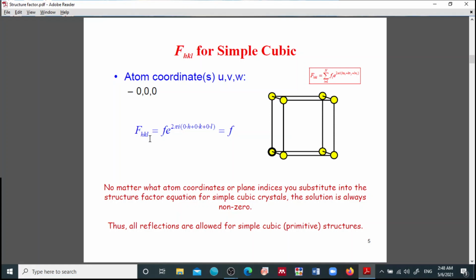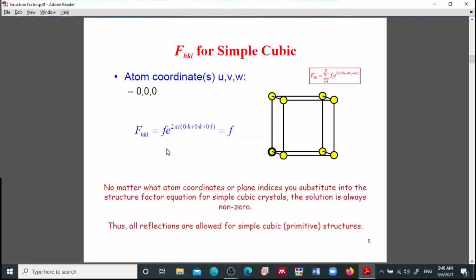So this F_hkl is basically f exponent 2 pi i, and this is (0h plus 0k plus 0l), and because we will have exponent of 0, we get 1 from here, and hence f.